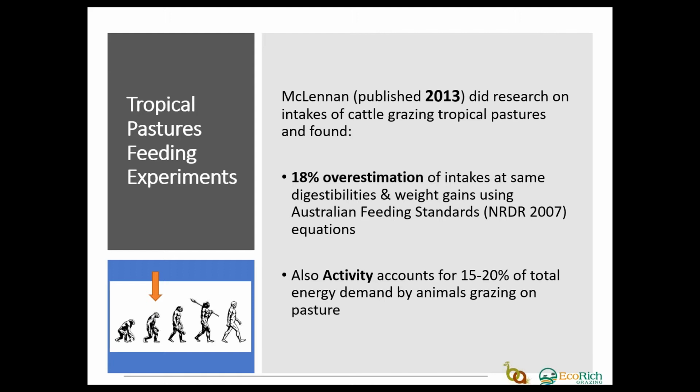Also, it's been known beforehand that a literature review by Ian found that activity or walking accounts for about 15 to 20% of the total energy demands of animals grazing on pasture.